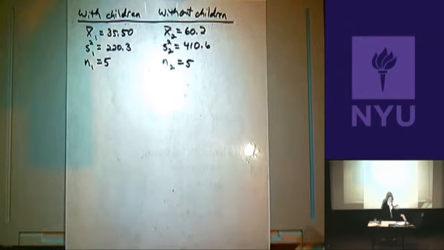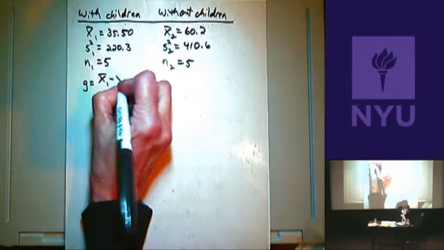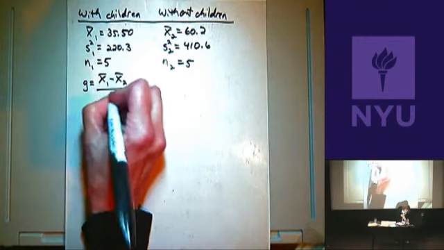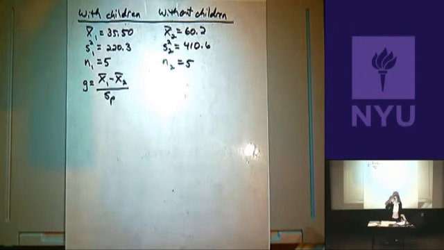What's it going to be? Is it going to be D or G here? G, right? Because I have my sample statistics. Unfortunately, what's the problem? What do I not have? Yeah, I don't have the pooled standard deviation. So you have to find that.